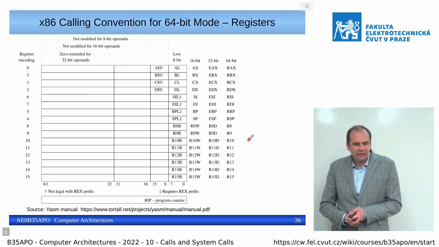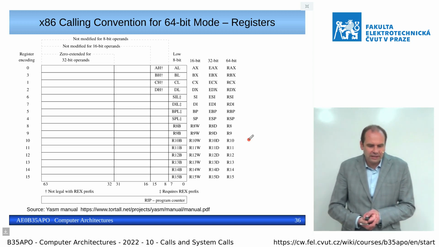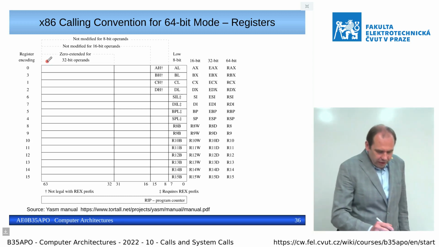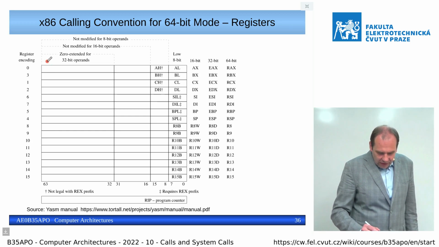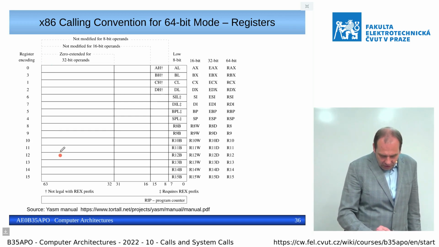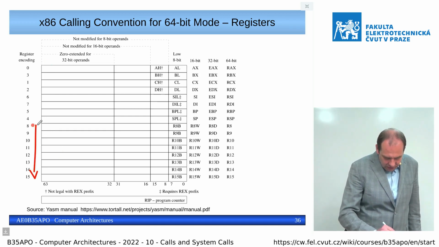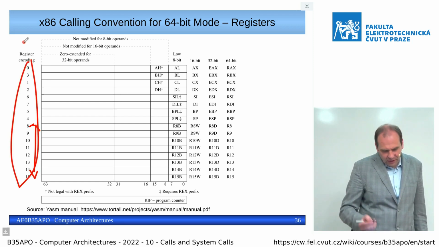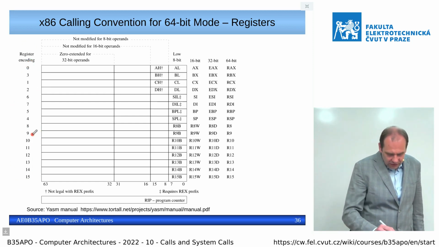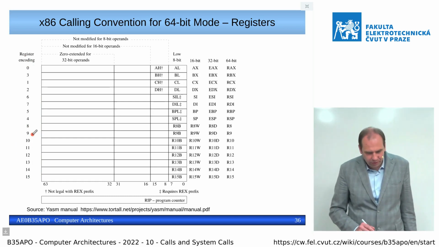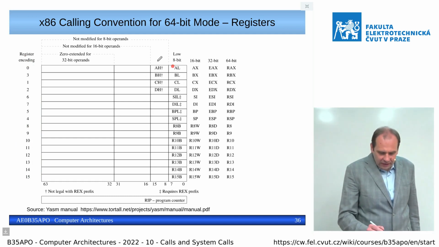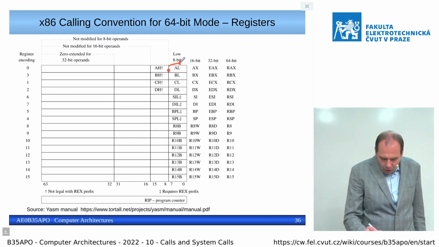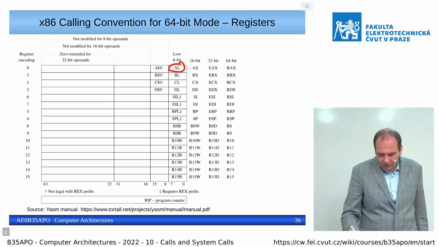If we look at a 64-bit x86 implementation, it adds an additional 8 registers, so we can have up to 16 registers. Their encoding is a little random, but that is not important. We can access all registers by byte.